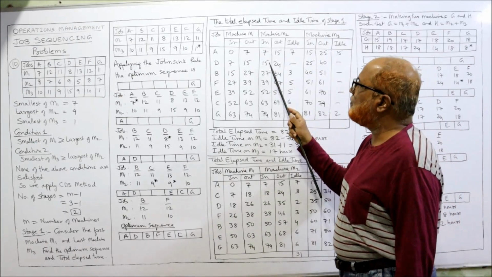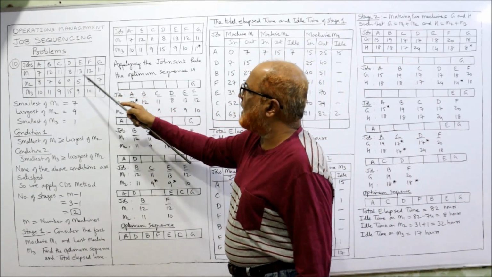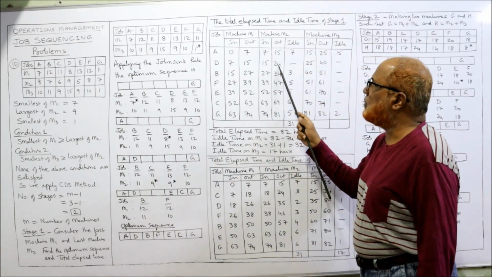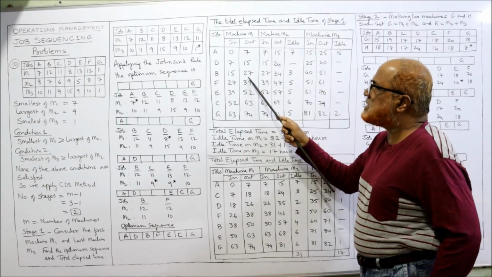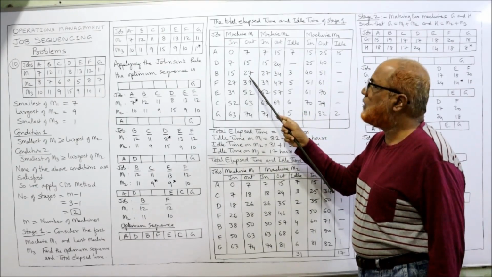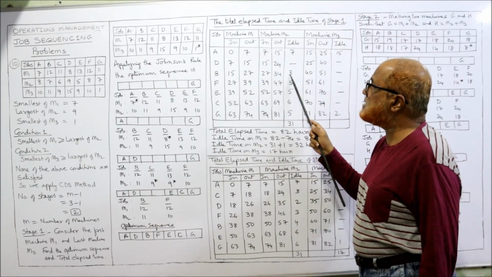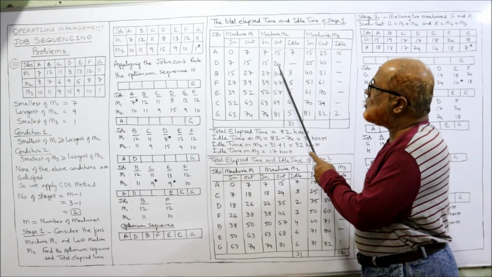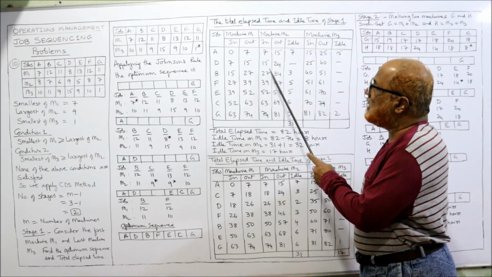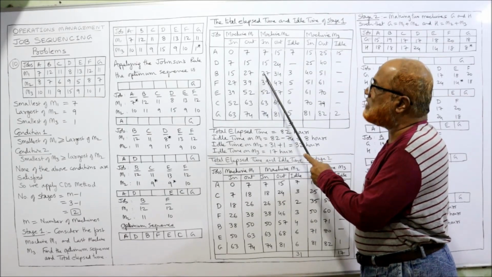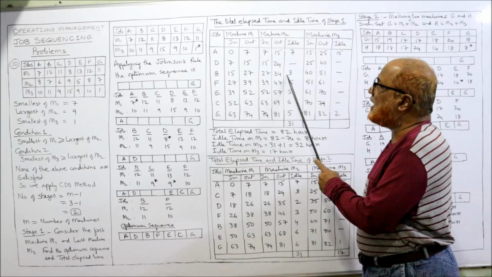D on M2 is 9. So 15 plus 9, 24. Now 24 or 27, whichever is higher. 27 is higher, so we'll start at 27. So 3 hours is the idle time, because the last job finished at 24 and the new job starts from 27.